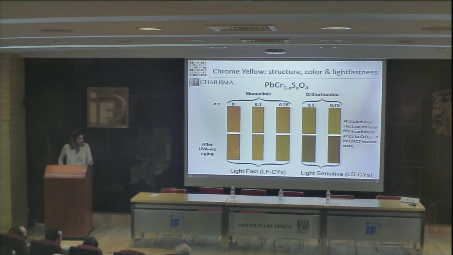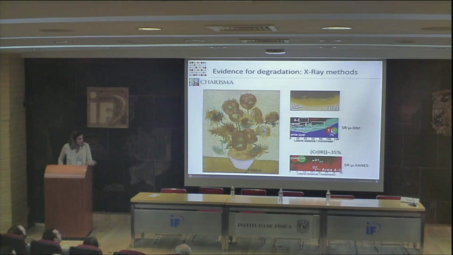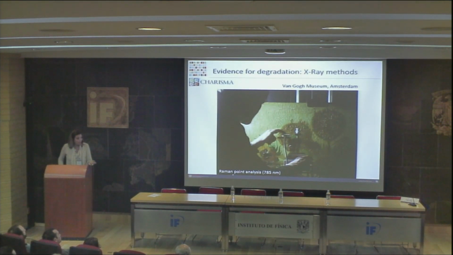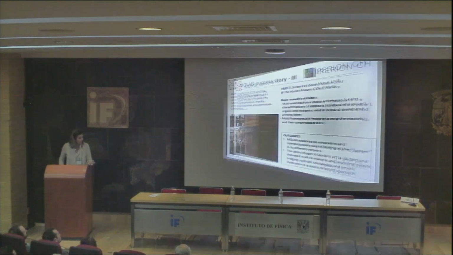I will not enter into the details of the chemistry, as I'm a physicist, just to show you the results obtained during the CHARISMA access. This is why the measurements were considered very important, because the new access allowed us to define the problems related to the fading of yellow colors.